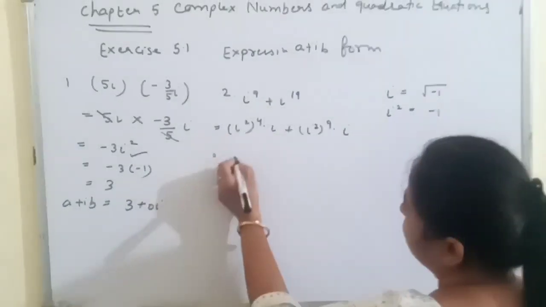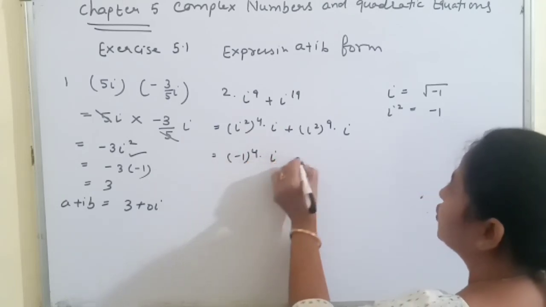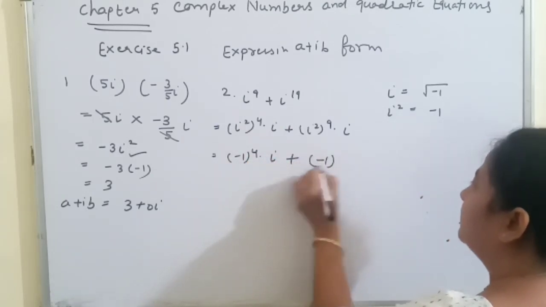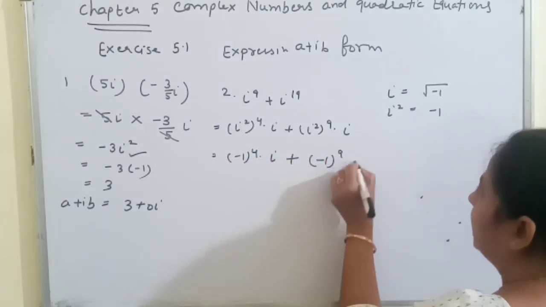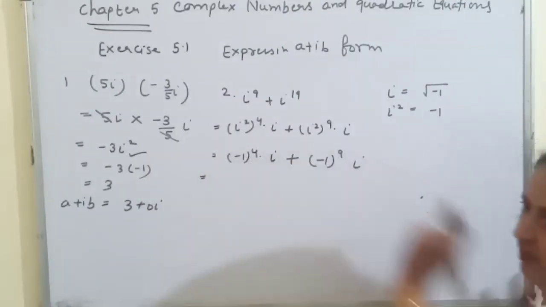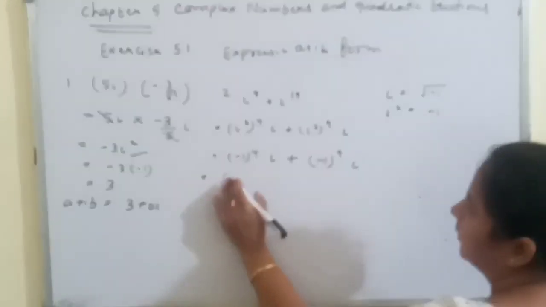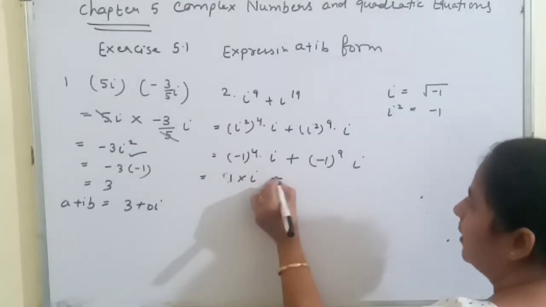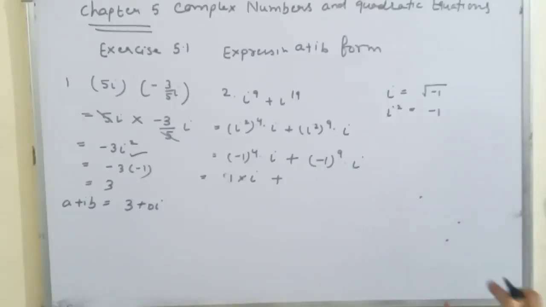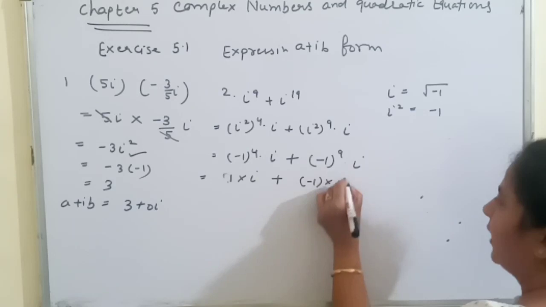By using this we can split this number into a smaller form. So in place of iota square write minus 1 power 4 into iota plus minus 1 power 9 into iota. See here, minus 1 has an even power, so the result is plus 1 into iota. Here minus 1 has an odd power, so the result is minus 1 into iota.